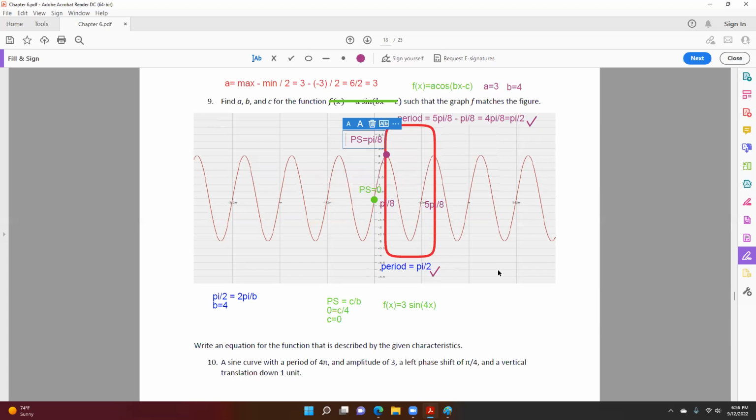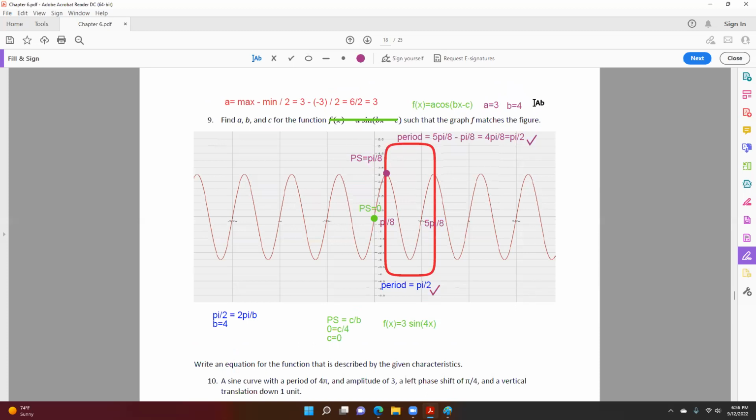So how do we figure out what C is in this case? You use the phase shift. The phase shift formula is C over B. And since we moved pi over 8 to the right, this is pi over 8, and B in this case is 4. So we have to solve for C. In order for us to solve for C, we will multiply both sides by 4 so that the 4 and the 4 in the denominator will cancel. When you multiply both sides by 4, you will get pi over 2.